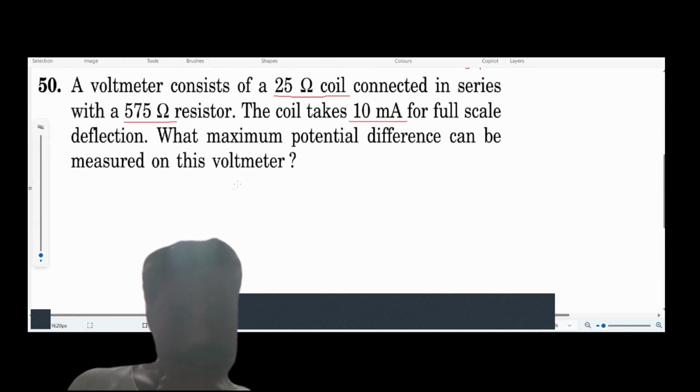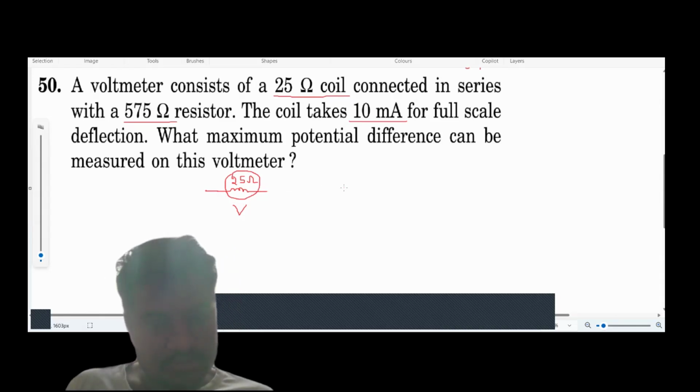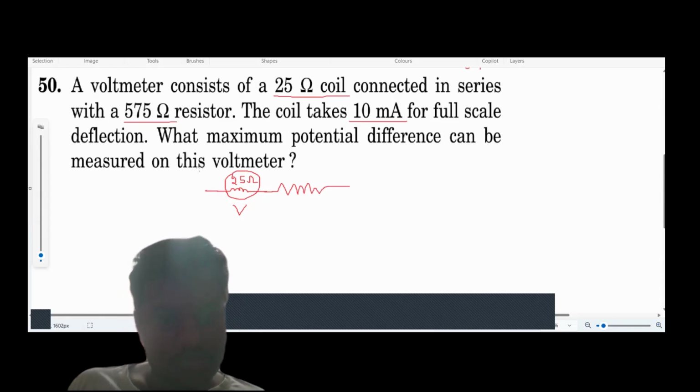So easy. If this is a voltmeter, let's say it has some coil with 25 ohm resistance, and it has been connected with a resistance. What's its resistance given? 575 ohm.